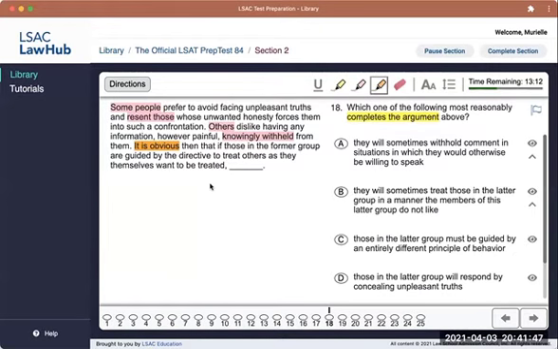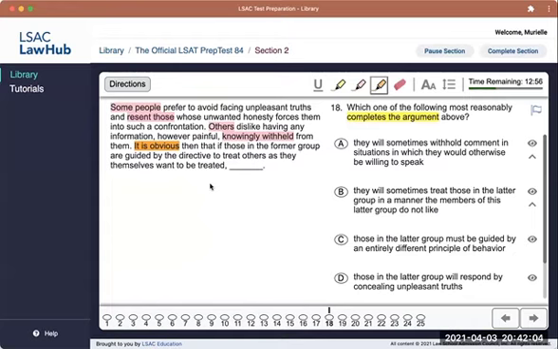So if you have two people, one of them from the avoidance group and the other from the truth at any cost group, they're probably not going to get on very well, right?